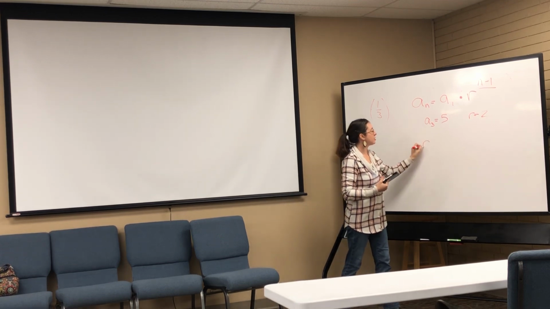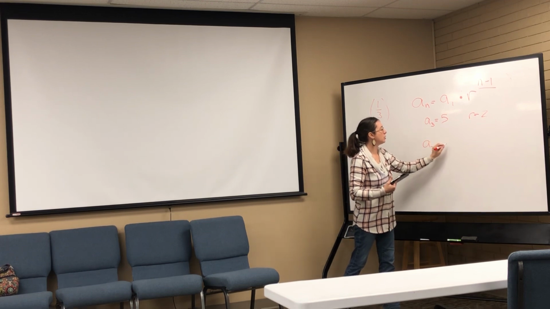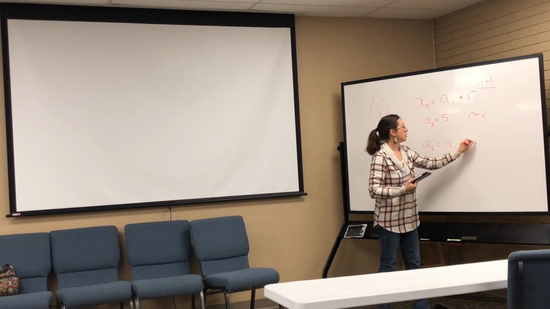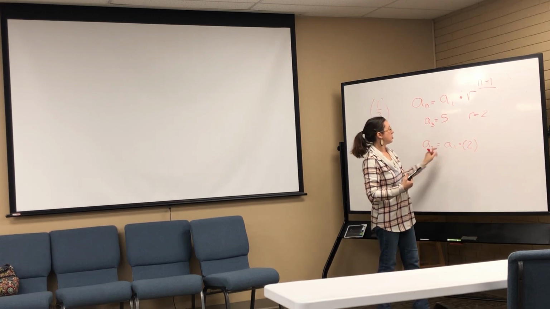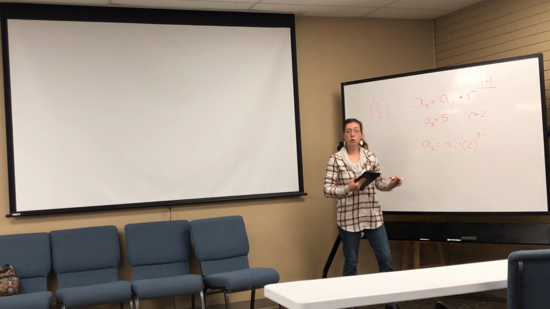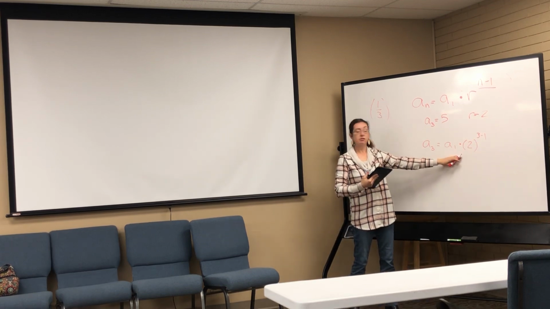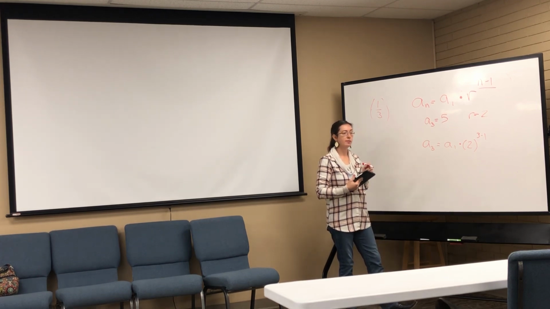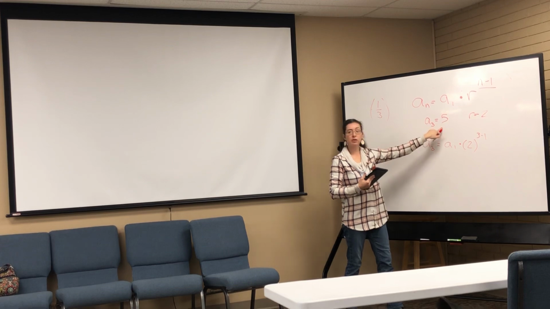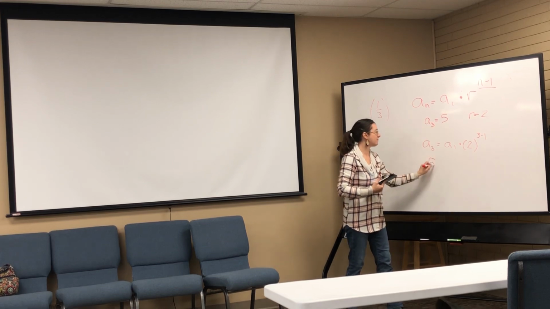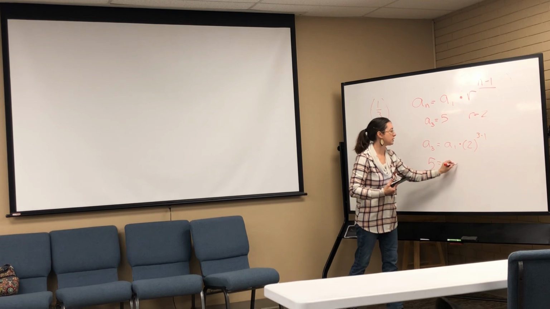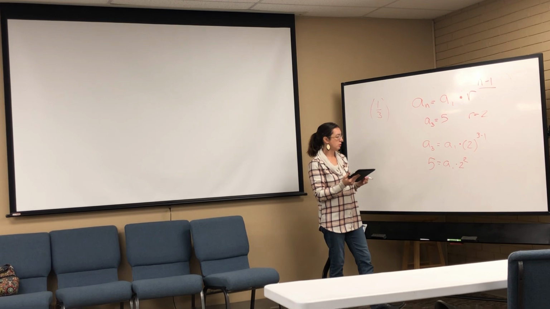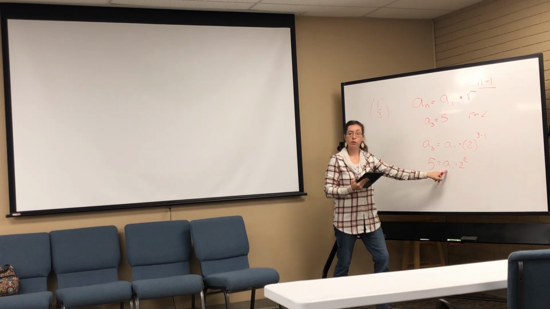We would say first a sub 3 is equal to a sub 1 times 2 to the 3 minus 1. So plug it all in straight, right? Now, can we replace a sub 3 with something? 5. A sub 3 is equal to 5. So these get to be replaced. So we can say 5 is equal to a sub 1 times 2 to the 2, right? 2 squared. So now we're going to solve for a sub 1.